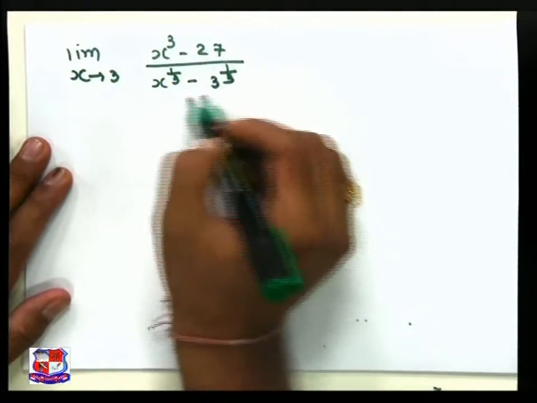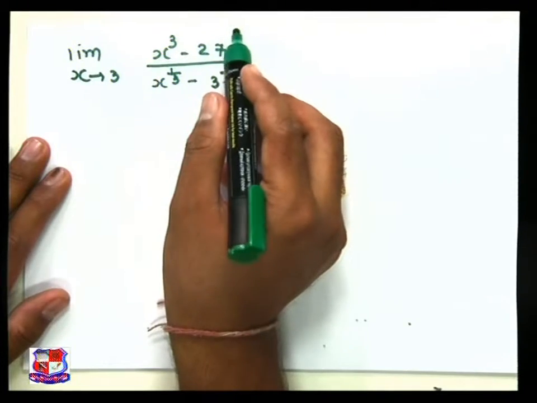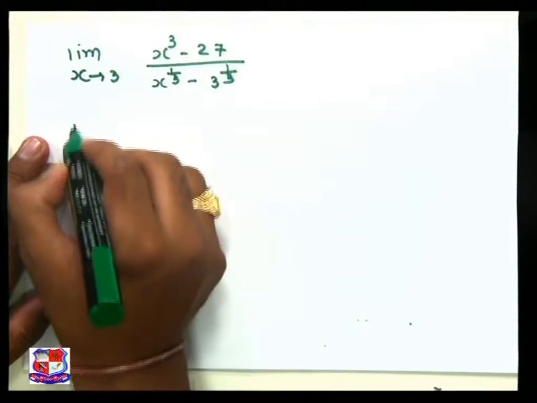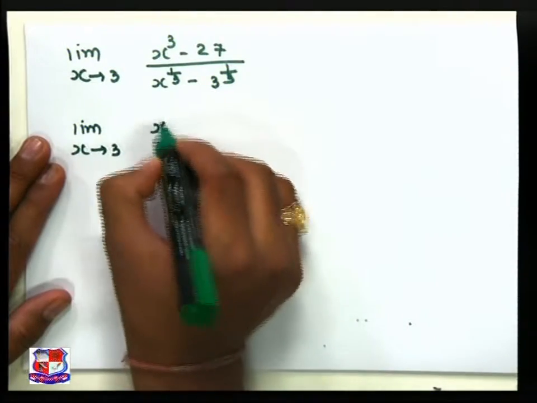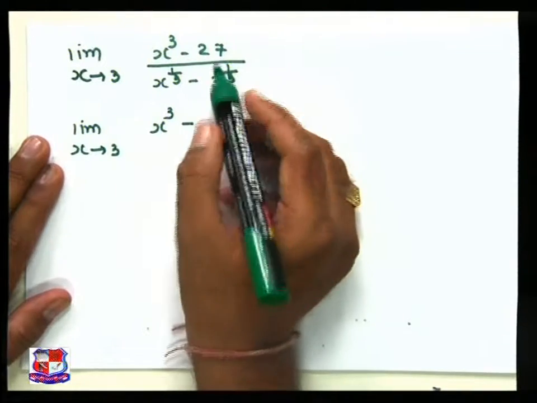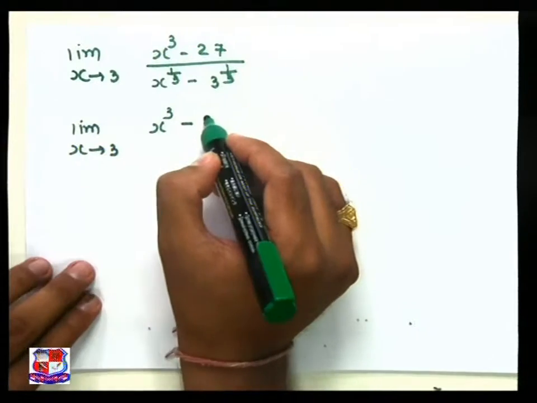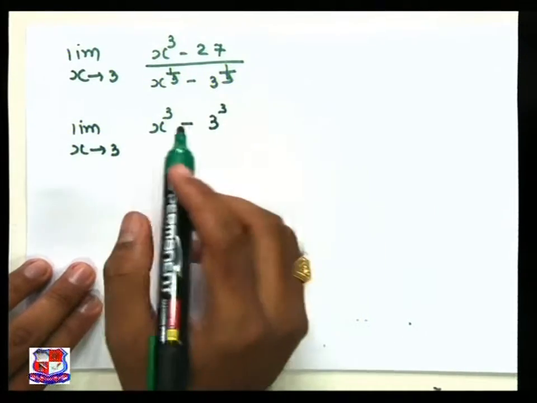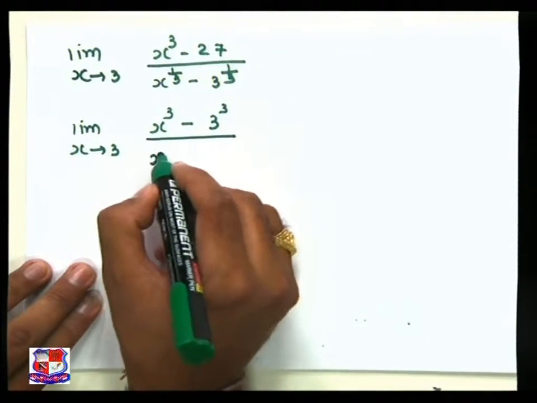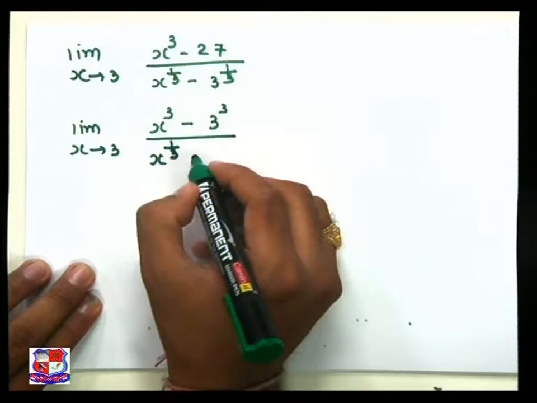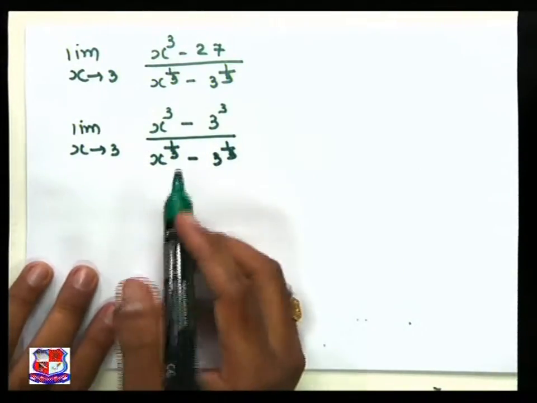Now again we want to simplify this step. Here x raised to 3, so we convert the constant into a power raised to 3. So we write limit x tends to 3, x raised to 3 minus 3 raised to 3, divided by x raised to 1 upon 3 minus 3 raised to 1 upon 3.